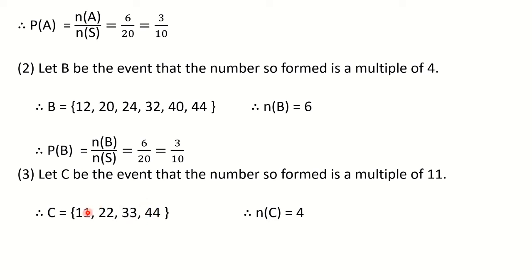But we have to think of only a sample space. So here we have these 4 sample points in set C, and therefore N of C is equal to 4. From that you can write down probability of event C as P of C. So P of C is equal to N of C divided by N of S, 4 upon 20, that is equal to 1 upon 5. Please complete it.